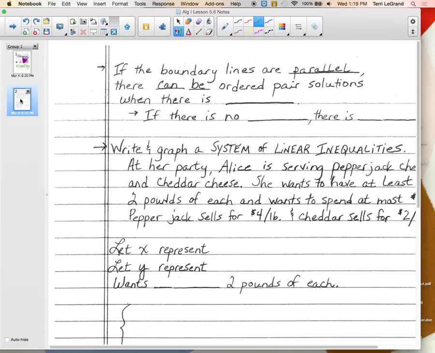So there can be ordered pair solutions when there are parallel lines. Overlap. Remember? Intersect here means overlap shading. Okay, let's just call it that. When there is overlap in the shading, then there would be a solution.